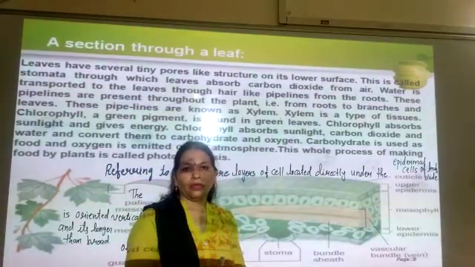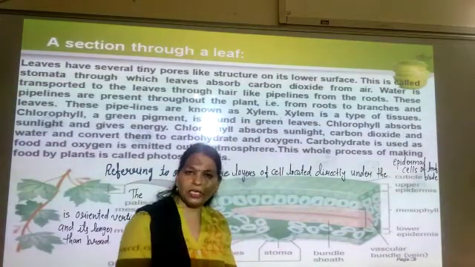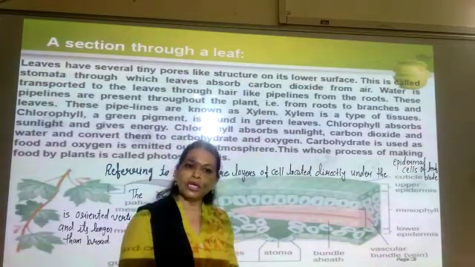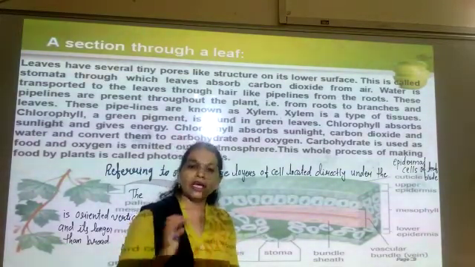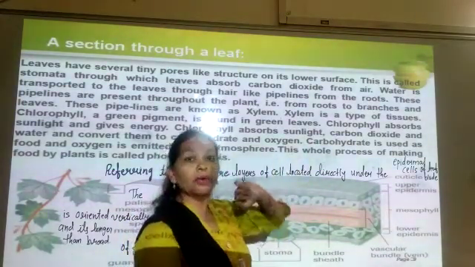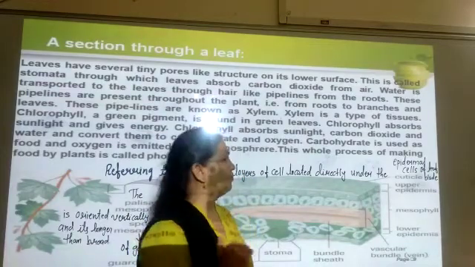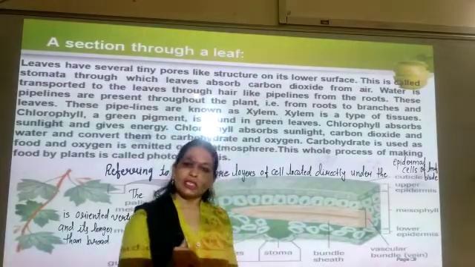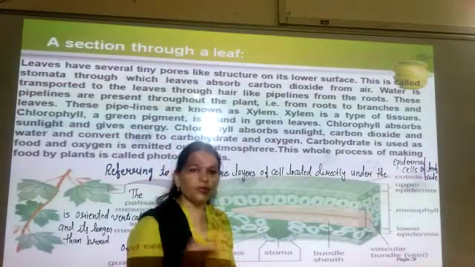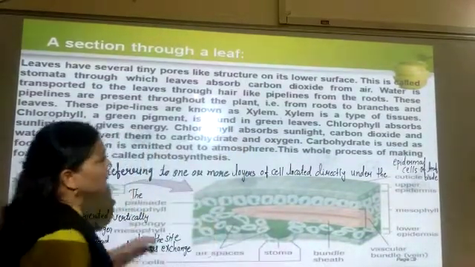There are two pipelines. One pipeline absorbs water and minerals from the root and carries them, conducted by the stem, to the branches of the tree because it extends towards the leaf. Another pipeline also transfers the food and reaches up to the leaf.